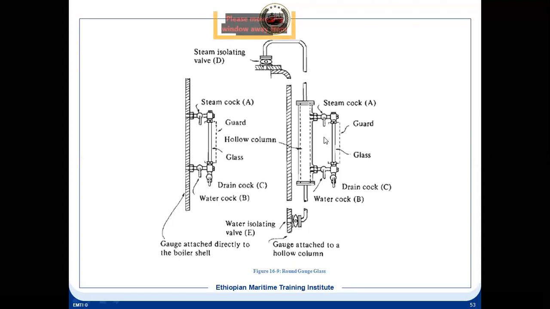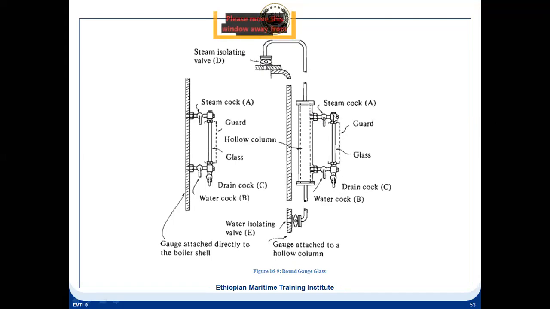Sometimes, to keep it far away from the body of the boiler, or from the boiler shell, due to some reason, you can have this type of arrangement where there are pipes coming from the steam side and the water side to this hollow column, which is kept further away from the boiler shell. And on this pipe, you can have a cock for the steam side and a cock for the water side.